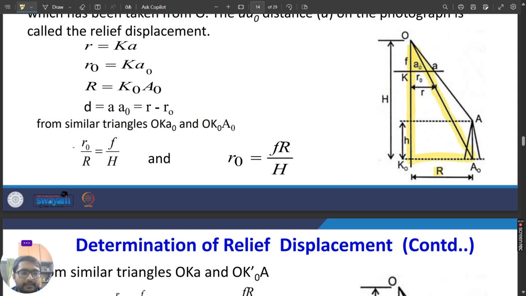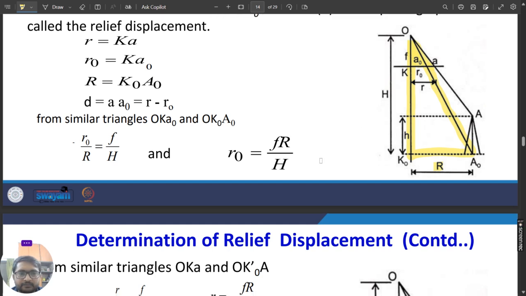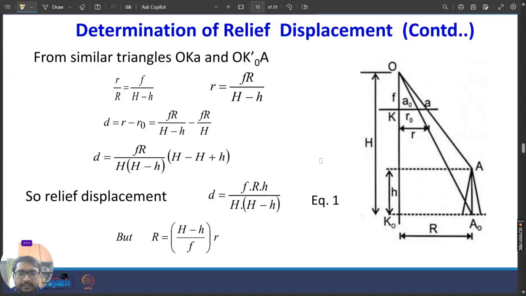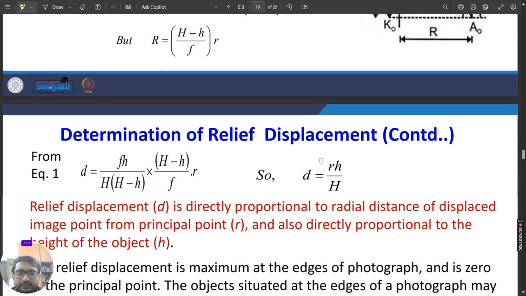Then we will have r naught divided by f is equal to capital R divided by H. If we simplify this, we get the relief displacement d as r h by capital H.